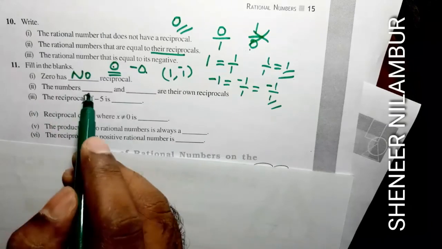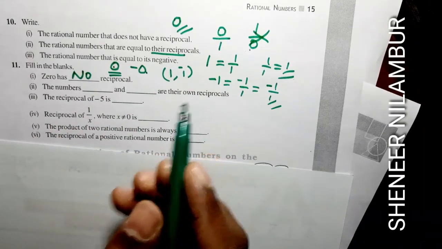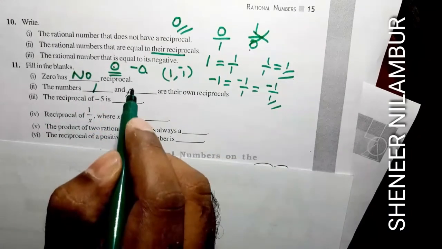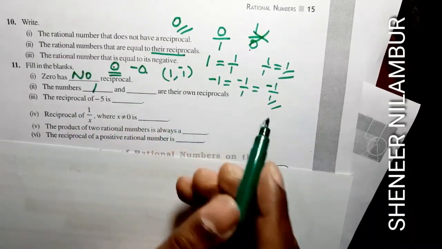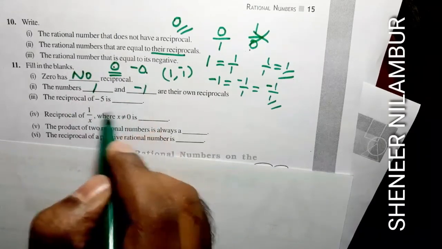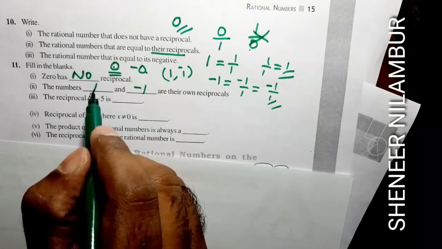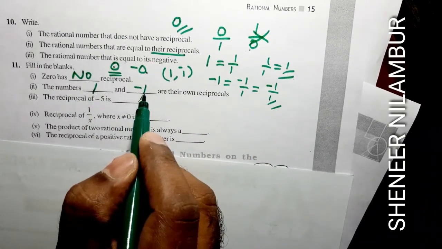The numbers dash and dash are their own reciprocals. The numbers 1 and minus 1 are their own reciprocals, which means the reciprocal of 1 is 1 and the reciprocal of minus 1 is minus 1.